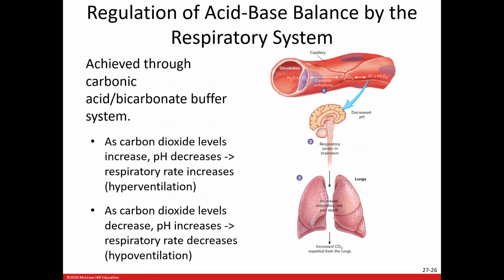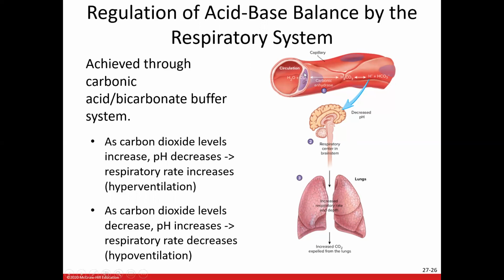Now we're going to talk about your respiratory system. So in part, this has a little to do with the carbonic acid and bicarbonate buffer system, and that's going to dictate how the respiratory system is responding. So when we have over here your blood vessel with your carbon dioxide and your water, we know that they can become carbonic acid and then dissociate into hydrogen ions and bicarbonate.